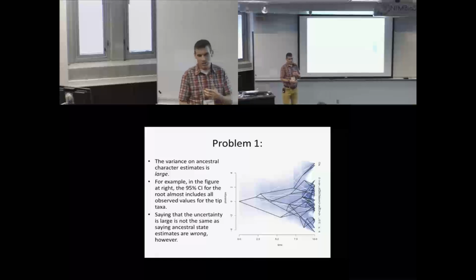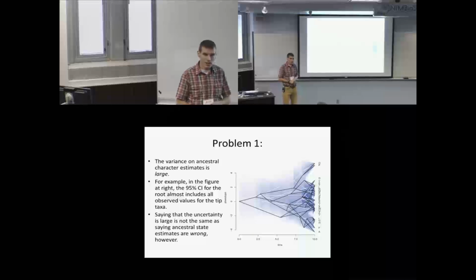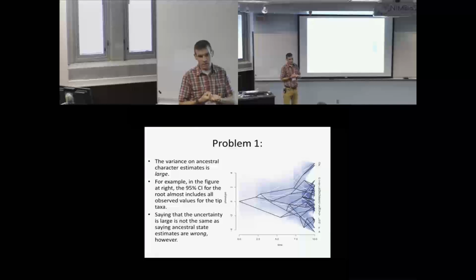The more topological error we introduce, the more likely we are to select a model that's different from the generating model for our continuous character data on the true tree. So not only are parameter estimates conditioned on a particular model biased, but using model selection procedures we would tend to pick the wrong model disproportionately when we introduce these types of errors into phylogenies.